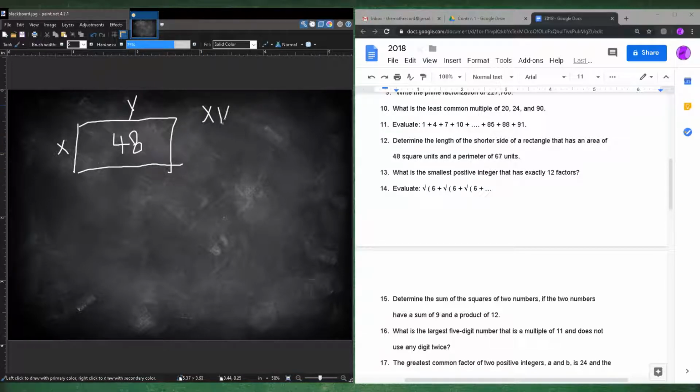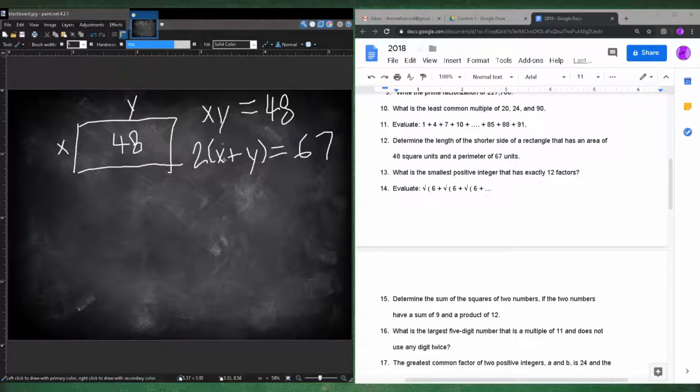So we know that x times y is equal to 48, because that's the area. And the perimeter is x plus y plus the other x plus the other y, which is 2x plus 2y, because there are 2 of each, equal to 67. So we know this is true. Usually when I have this, I don't like to plug in.